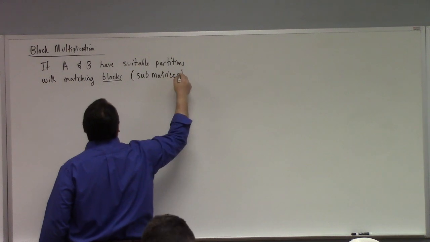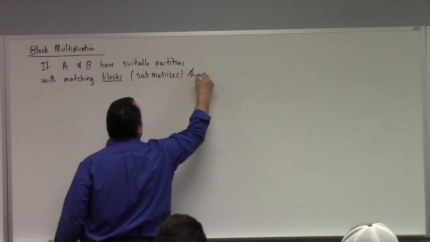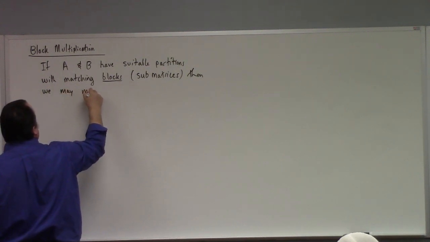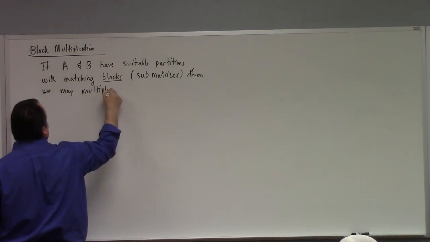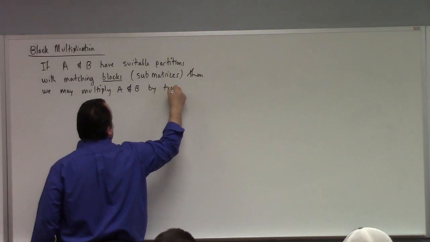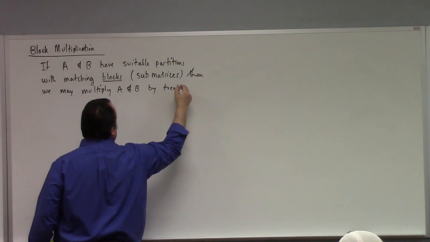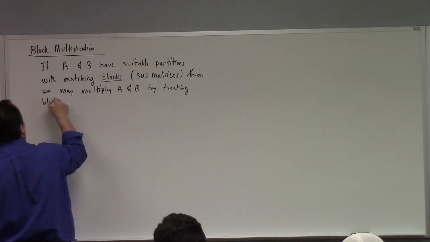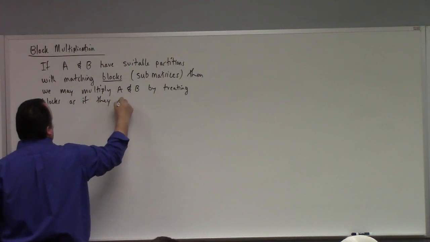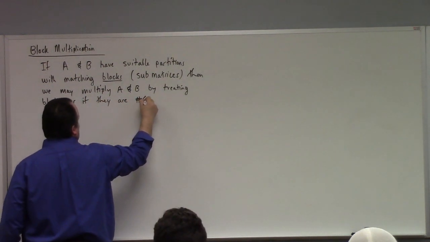Then we may multiply A and B by treating blocks as if they are numbers.